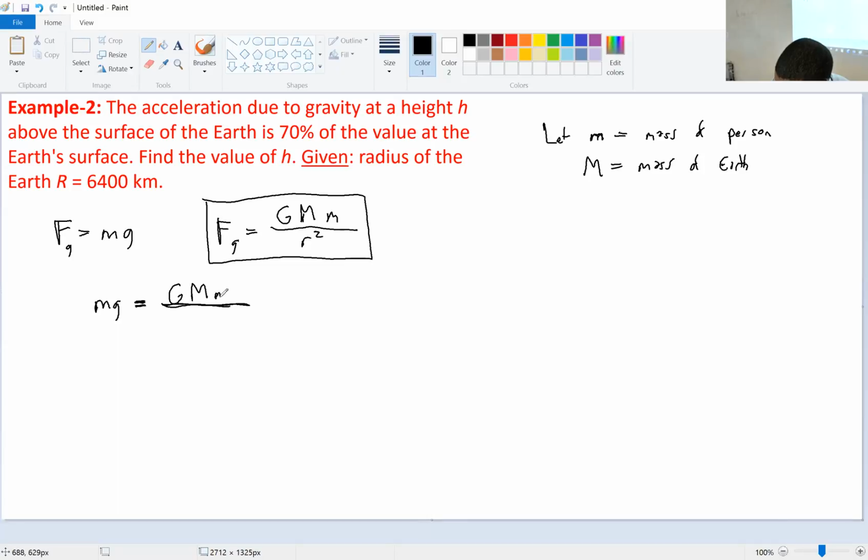So you have this one, this one, squared. Now, it's very simple. I don't know why I didn't realize this at first. Cancel and cancel. And then you're just left with, we're finding acceleration.